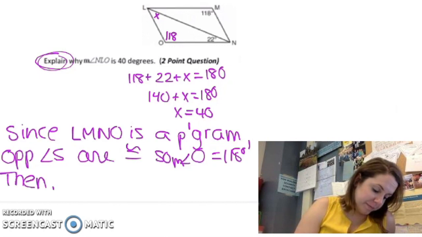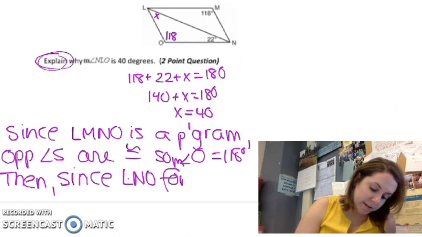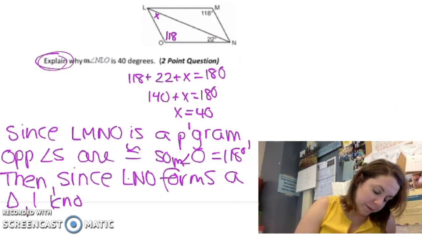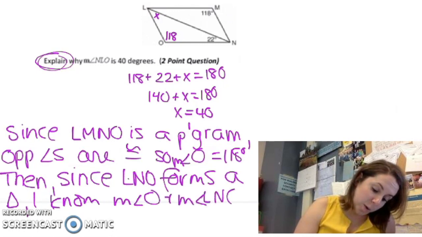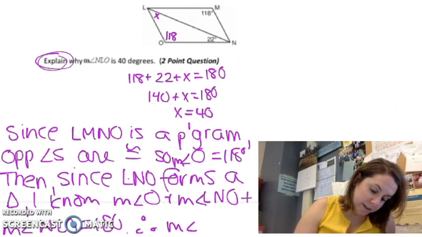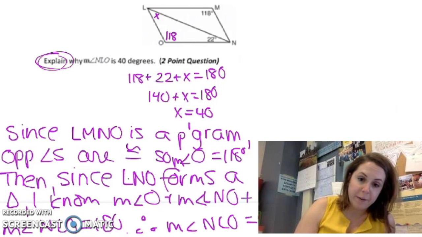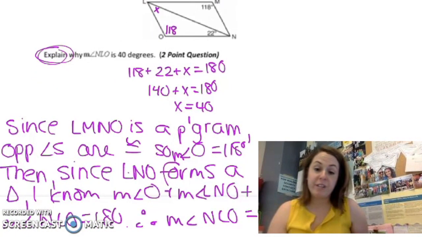Then, since LNO forms a triangle, I know the measure of angle O plus the measure of angle LNO plus the measure of angle NLO equals 180. Therefore, the measure of angle NLO equals 40. So just explaining what you did in words.